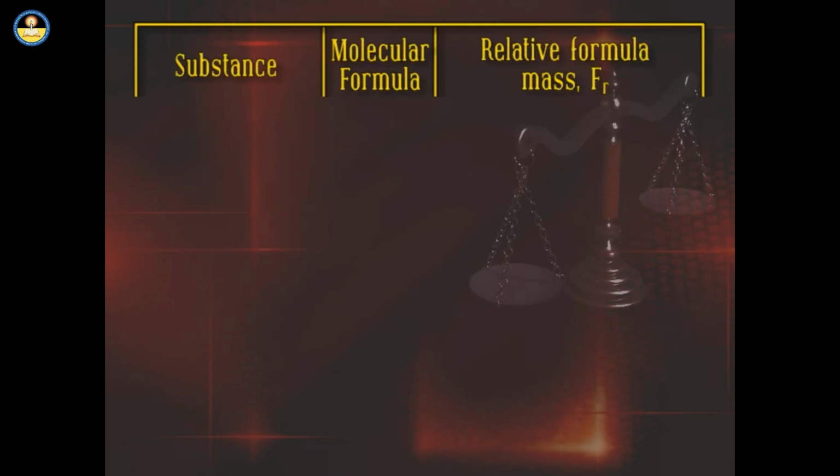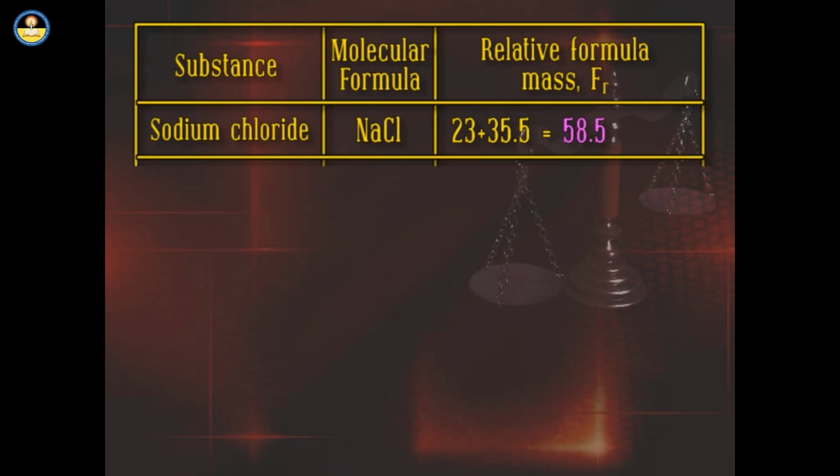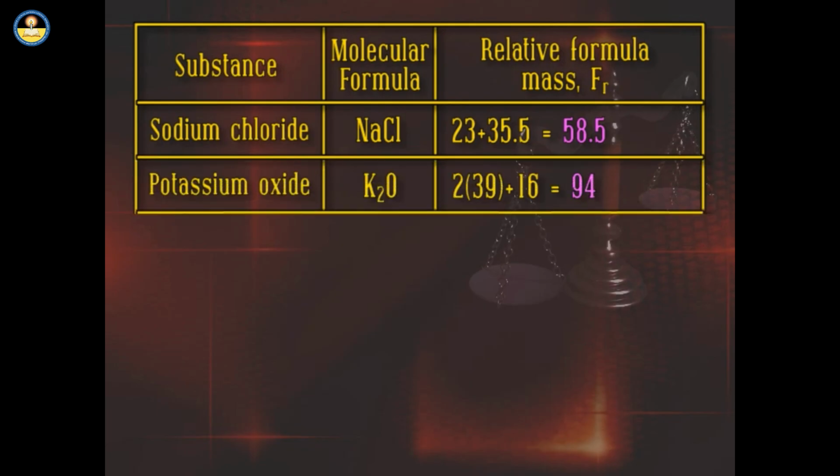Have a look at the calculation of the relative formula masses of some ionic compounds. For sodium chloride, the relative formula mass is 58.5. Potassium oxide, relative formula mass is 94.